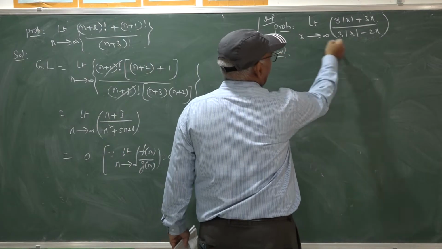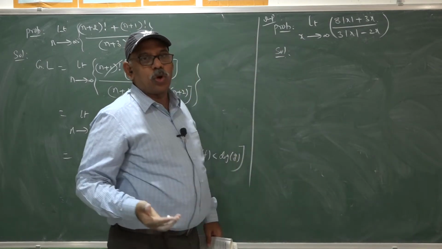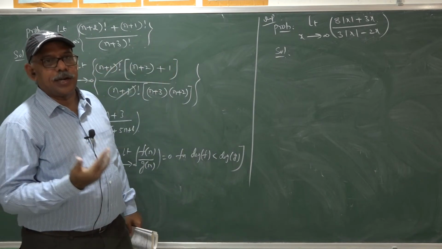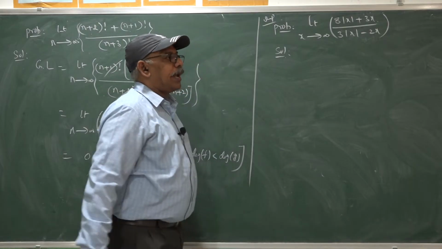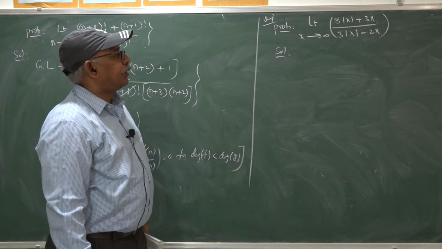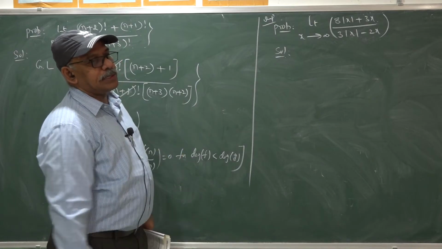X goes to infinity means x is so large, enormously large, infinitely large, and it is positive.